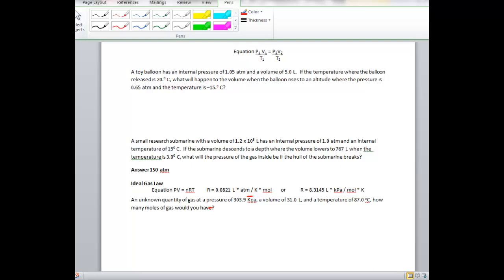What we can end up doing is identifying our variables. So we have a P1, we have a V1. If the temperature where the balloon is released, this would be our T1. What will happen to the volume? So we're looking at essentially V2 with our T2 temperature.